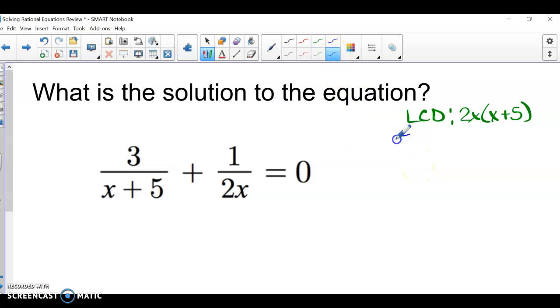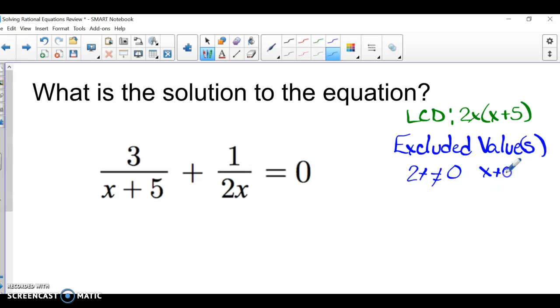To find my excluded values, I set each one of these individually not equal to 0 and solve. So if I divide by 2, I get x is not equal to 0. If I subtract 5, I get x is not equal to -5. So I have two excluded values in this case.